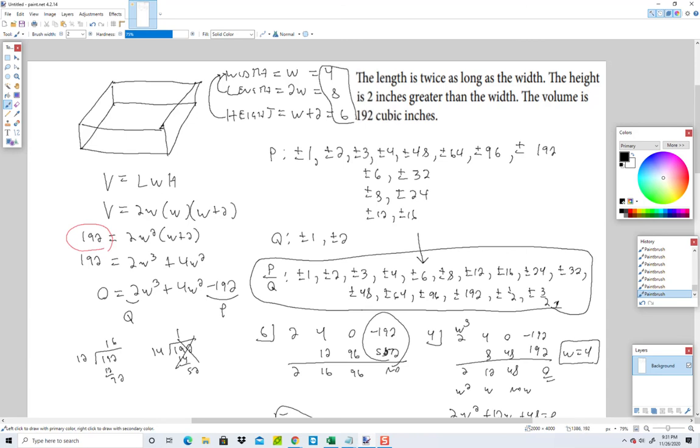Let's see if that works: 4 times 8 is 32 times 6 is 192 cubic inches. Okay, so that would be our dimensions. The width would be 4 inches. The length would be 8 inches. And the height would be 6 inches. And I know proportionally that isn't correct, but that's how you'd solve that problem.